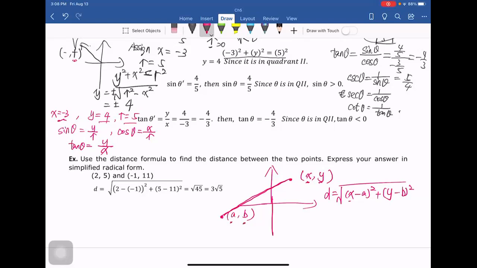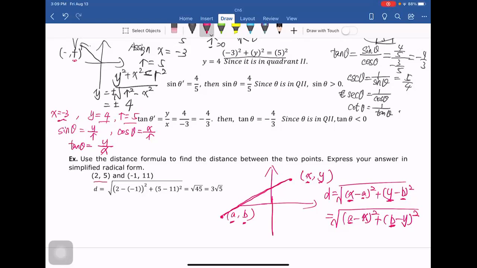You can also use (a minus x) squared plus (b minus y) squared. It doesn't matter which one goes first. So you can use these kinds of formulas to find the distance between two points.